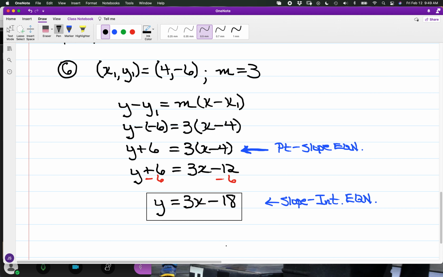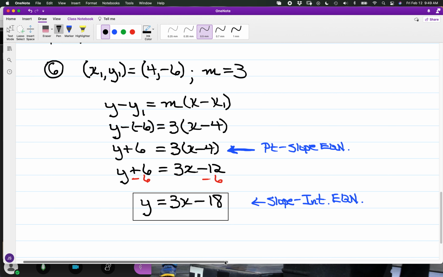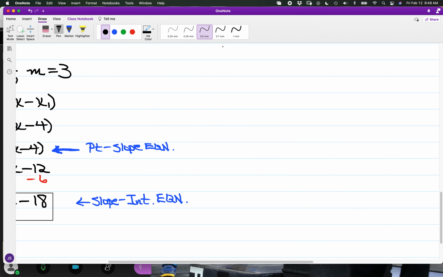Now, in looking at the determination of the slope-intercept equation, we do not have the slope provided. What we have instead are 2 points through which the line is going to pass. These 2 points have the coordinates -4, 8, and -7, -3.